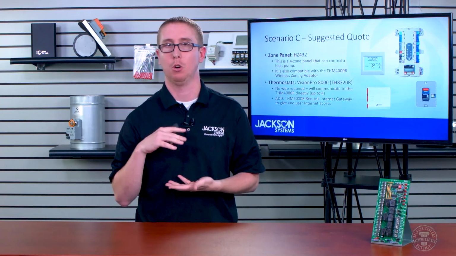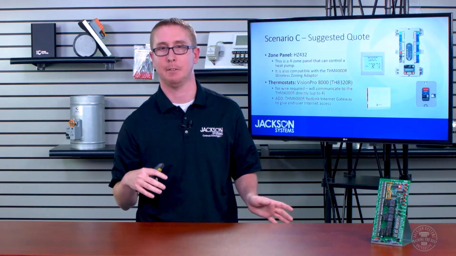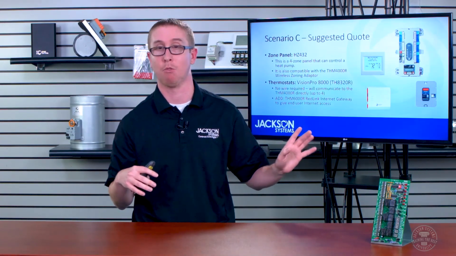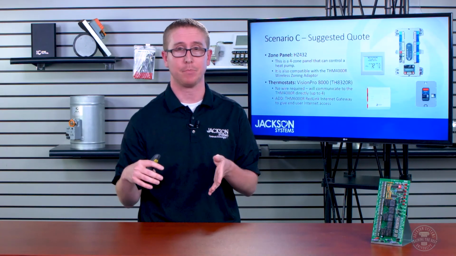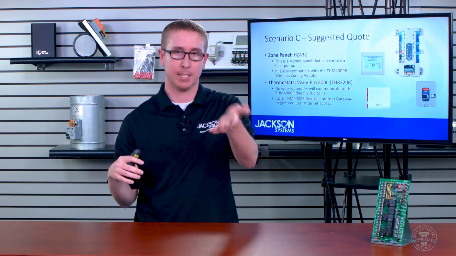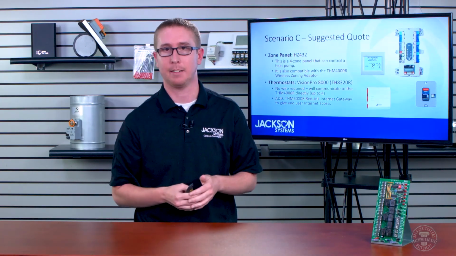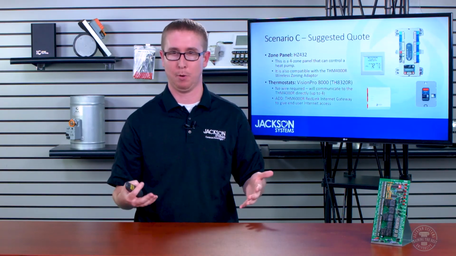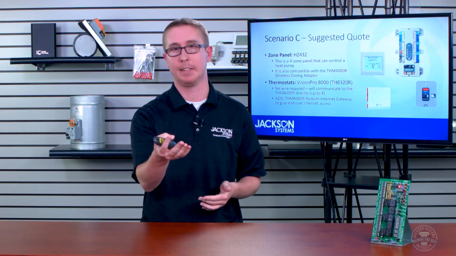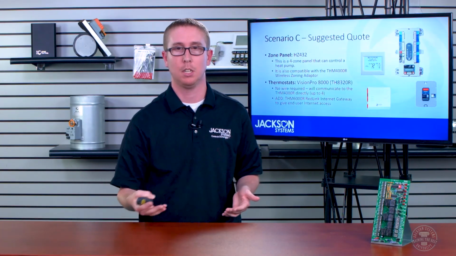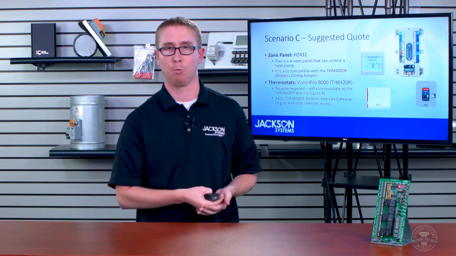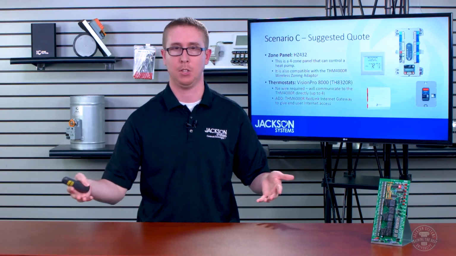This is just one thing that allows all 4 thermostats to not run any wires to the zone panel. Because of that, there's not just any thermostat that's compatible with this. So we're going to choose a RedLink Vision Pro for that reason. Again, no wire will be needed between the thermostat and the zone panel.